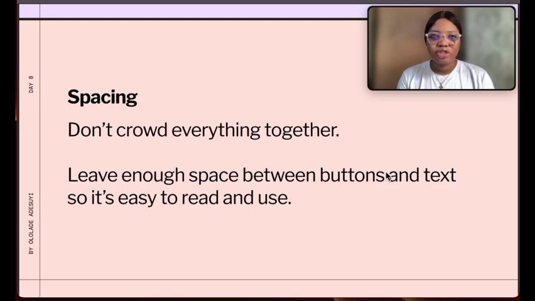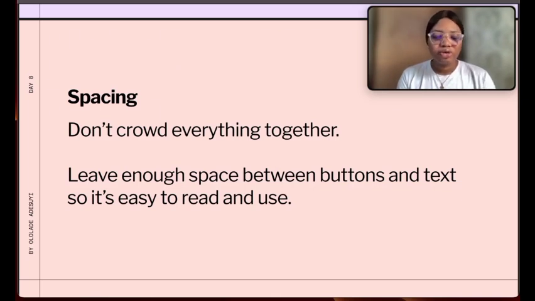It makes sure that your content is not jumbled together, overcrowded, and it makes things easier to read. So if I had jammed all of these things together, you might strain your eyes before you can read what this is. But because I have spaced it out, you can easily read this first line and still read the second line too.